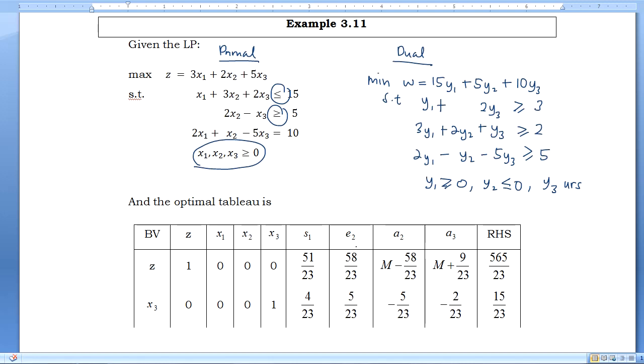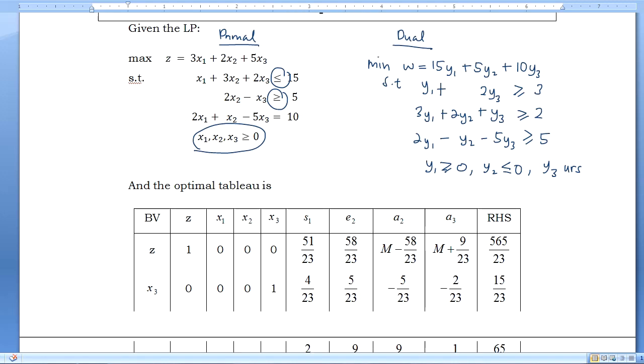Okay, now let's get the value for y1, y2, y3, and W. We know that y1 corresponds to the first constraint in the primal. Since the first constraint is less than or equal to, y1 is equal to the coefficient of S1 in row 0.